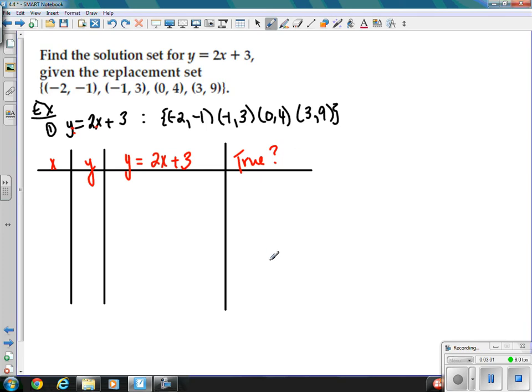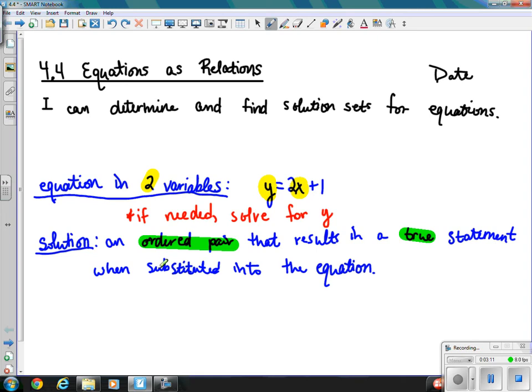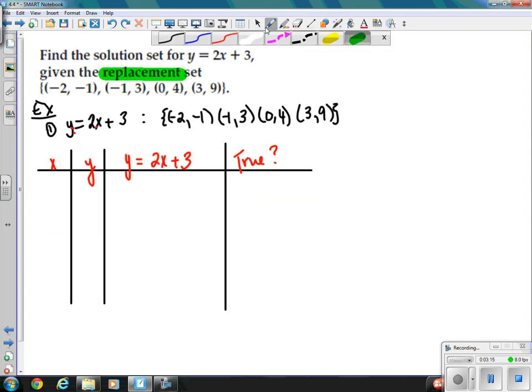So the way we find if the replacement set is true is by doing exactly what the definition said: substitute. My very first ordered pair here is (-2, -1). So the x value is -2, the y value is -1. We're going to substitute it into our equation.